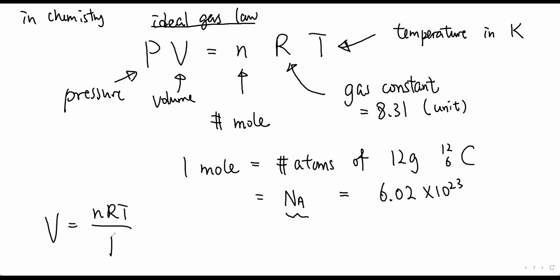So in chemistry, you have this concept. For 1 mole of gas at 25 degrees Celsius, remember you need to change it back to Kelvin. You learned how to change it already. Divided by the pressure. Now, there's 1 atm. In physics, the value is given, around 1.01 times 10 to the power 5.